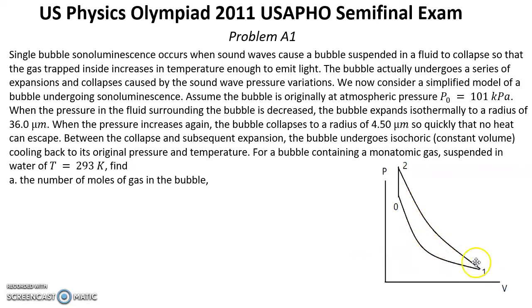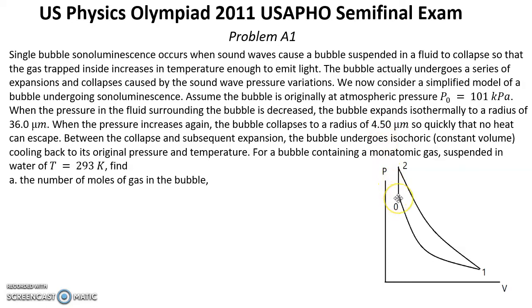After that it was adiabatic compression, and because this process is adiabatic, this curve increases much faster, so it reaches point 2, which is higher than point 0. That's a new pressure with the same volume as in point 0, and that was the volume with the radius 4.5.